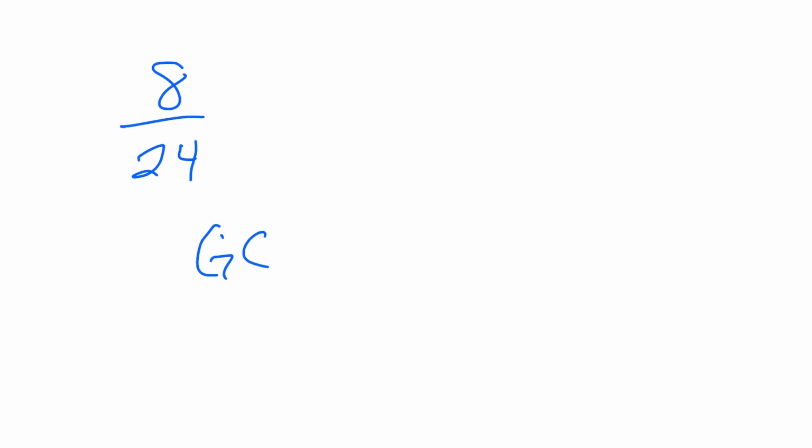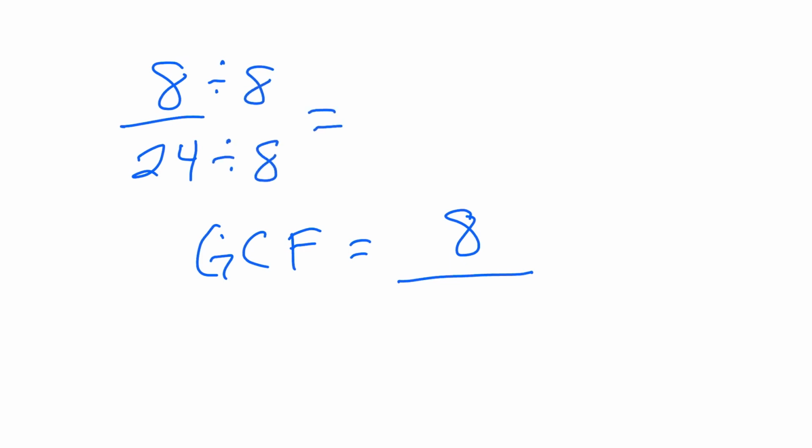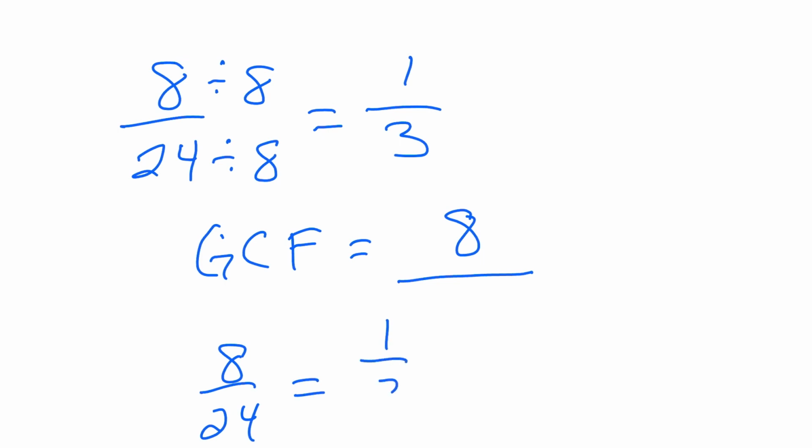Well, we know 1 goes into each of them, 2 goes into both of them, 4 goes into both of them, but 8 is the biggest number that goes into both 8 and 24. So that's the number I'm going to use to divide numerator and denominator by. 8 divided by 8 is 1, and 24 divided by 8 is 3. So the fraction 8 over 24 simplifies completely to 1/3.